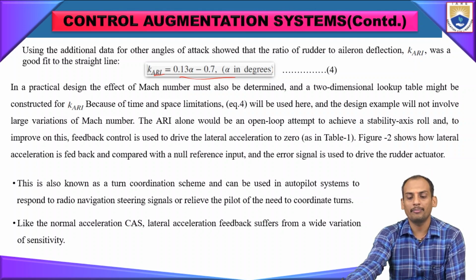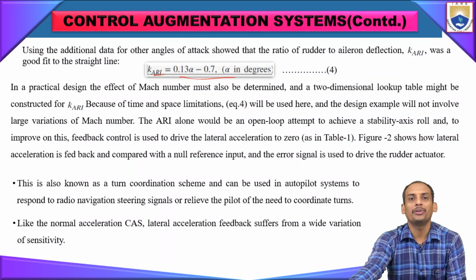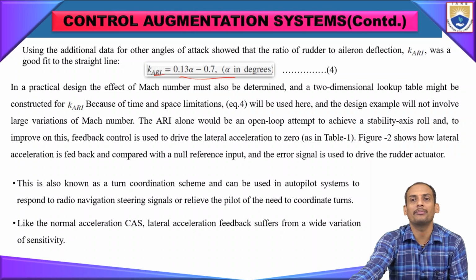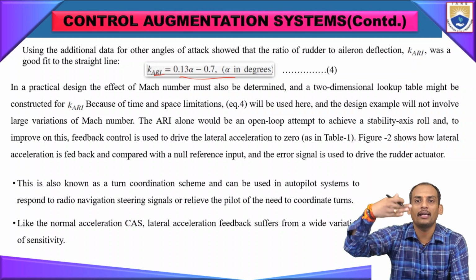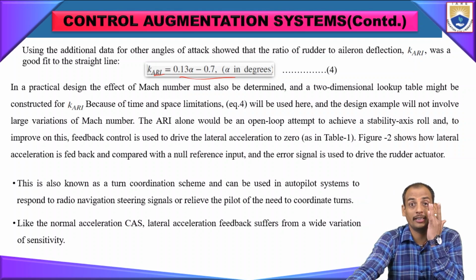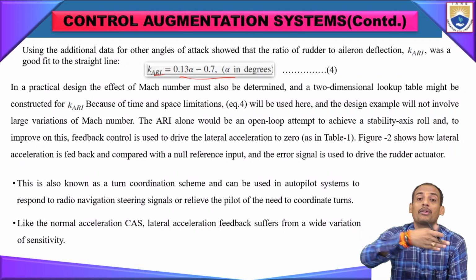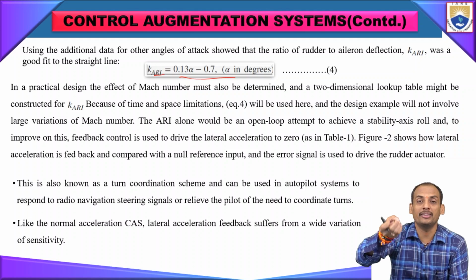It can be used in an autopilot system to respond to navigation steering signals, or to relieve the pilot of the need to coordinate turns. Based on the error signal, the turning rate or rolling rate is decided automatically by the system only.